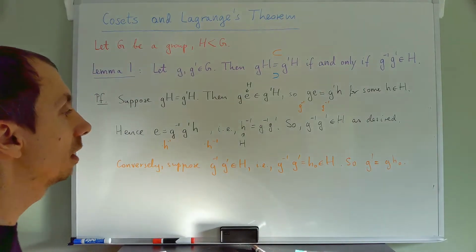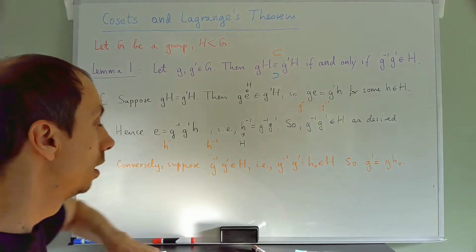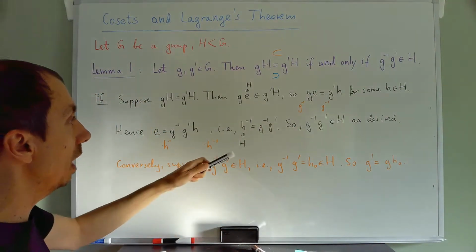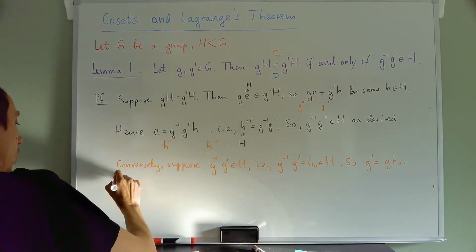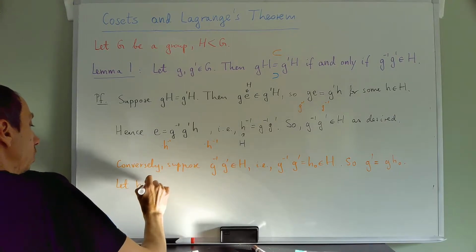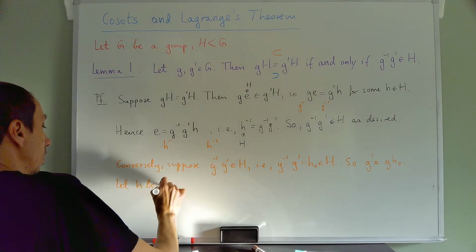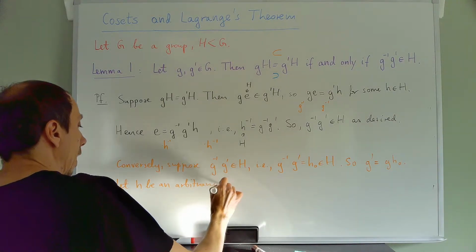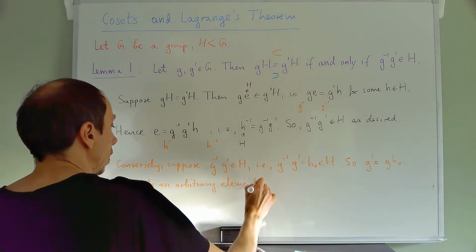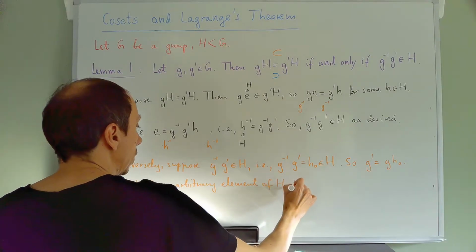So now I want to prove that the left one is contained in the right one. So how does an arbitrary element of g prime H look like? Well, so let h be an arbitrary element of big H.